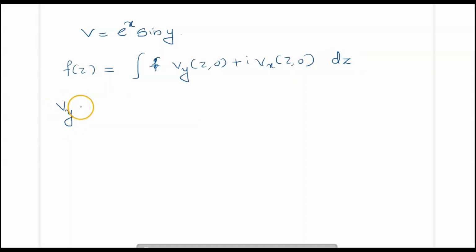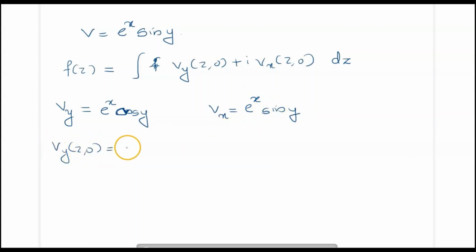Vy is the derivative with respect to y: e raised to x is constant, and sin y derivative is cos y. So Vx is e raised to x derivative, which is e raised to x itself, with sin y constant. Now Vy at z0 is e raised to z, cos 0 is 1.